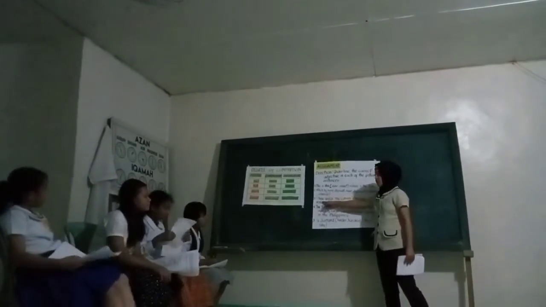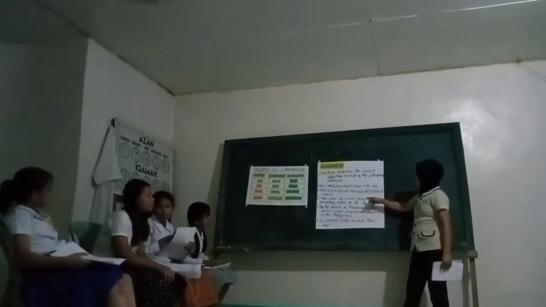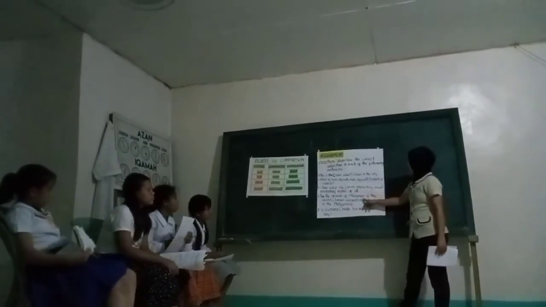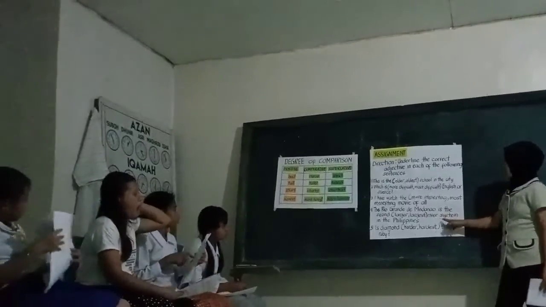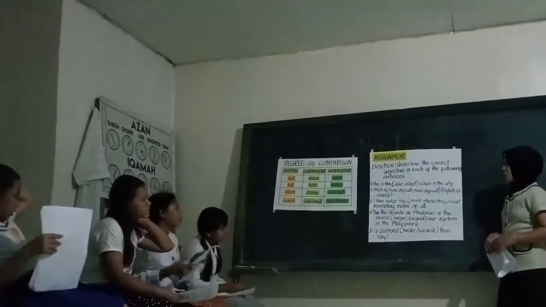And number 3, I have watched the most interesting movie of all. And number 4, the Rio Grande de Mindanao is the second largest river system in the Philippines. And lastly, is diamond hardest than ruby? You will now start copying the assignment.